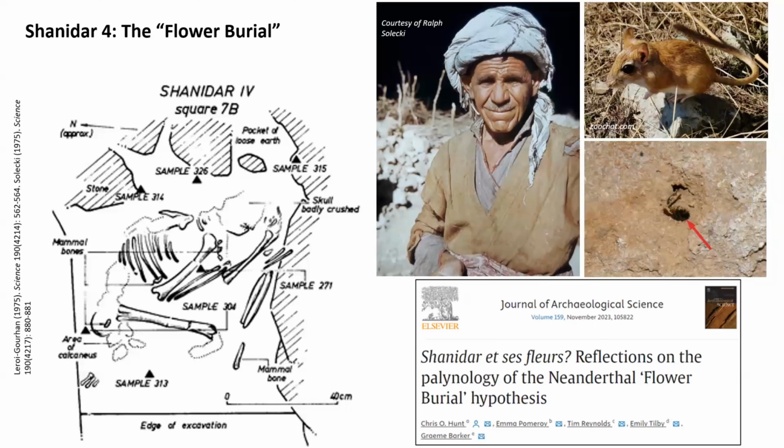My colleague Chris Hunt has more recently looked into this, looked at those original images of the pollen clusters. He's found that rather than being distinct flowers, they're actually mixtures of pollen from different flowers. The most likely explanation for this is that it's been brought in by burrowing bees. So they have a mixture of pollen from flying around different flowers, and then bring this into their burrows.